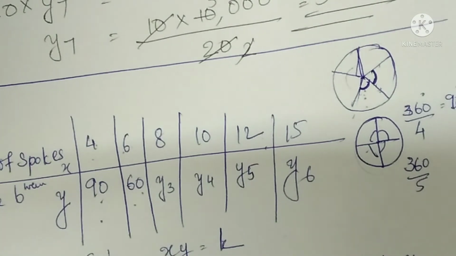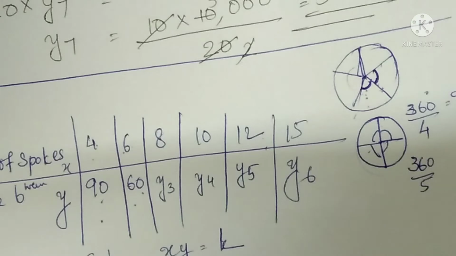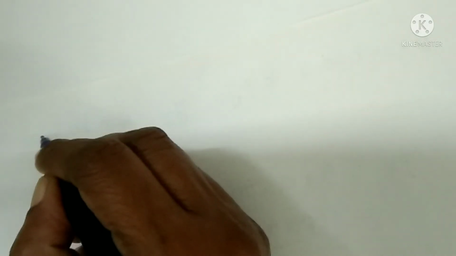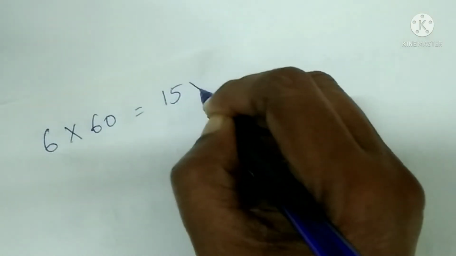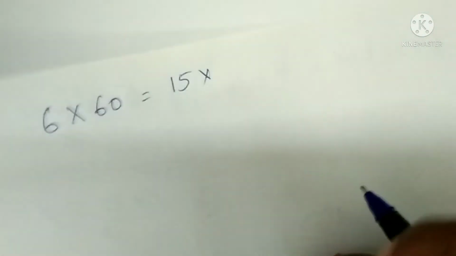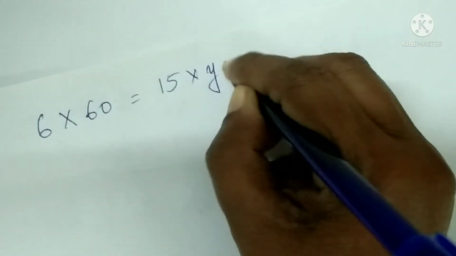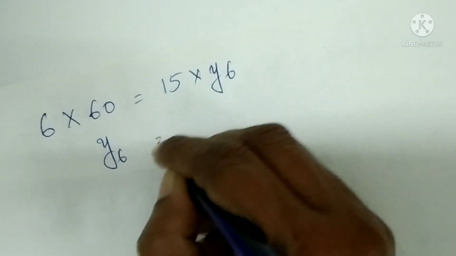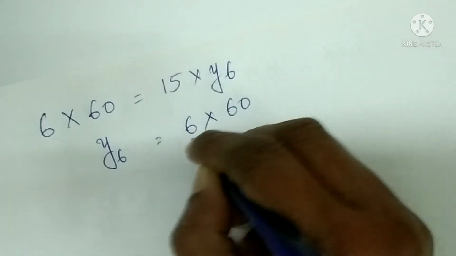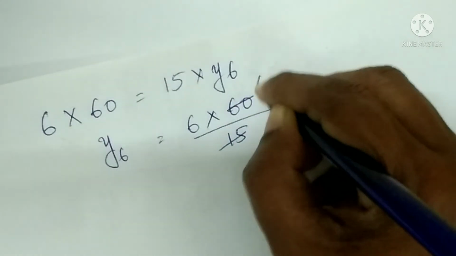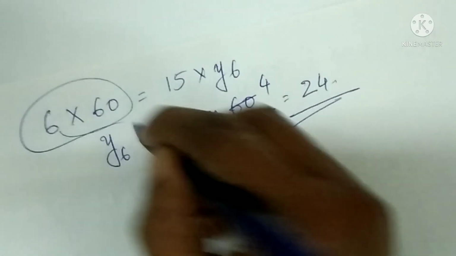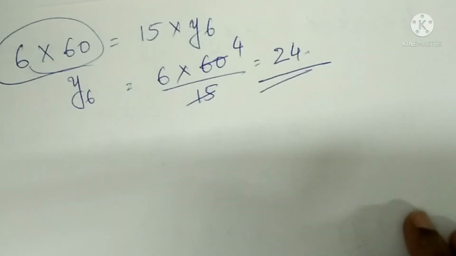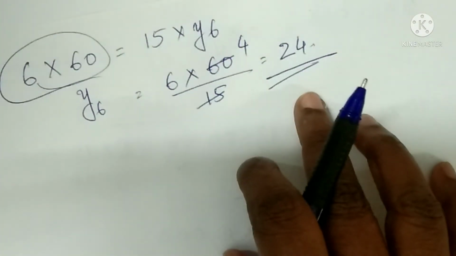If I take 6 into 60 is equal to 15 into y6, so y6 is equal to 6 into 60 upon 15. 15 fours are 60, so 6 fours are 24. Now instead of this you can take any pair that you want. In any pair you take, you will get the same answer.